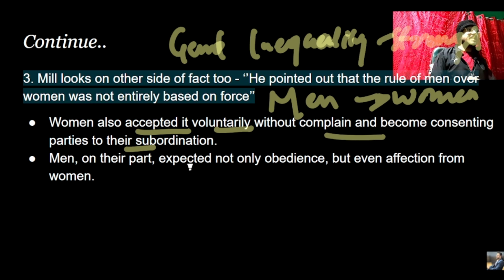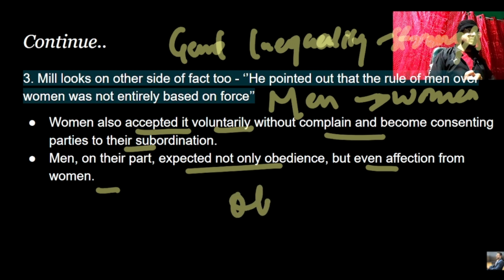Men on their part expected not only obedience but even affection from women, right? Men were not only expecting obedience from the women. When do we subject or suppress anyone? Whenever we need them to obey us, right?